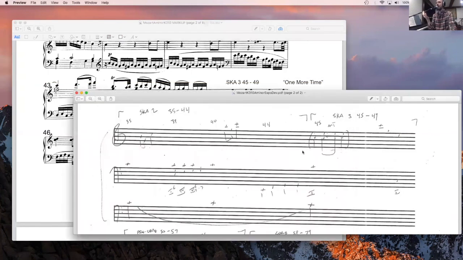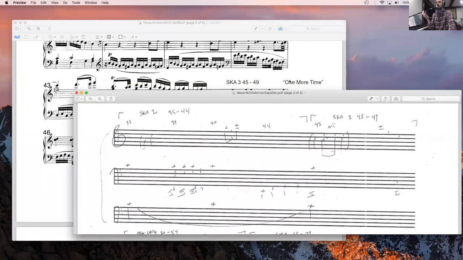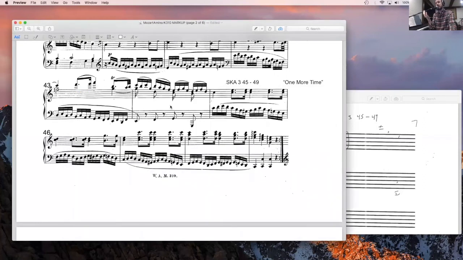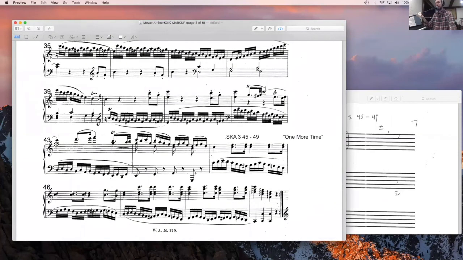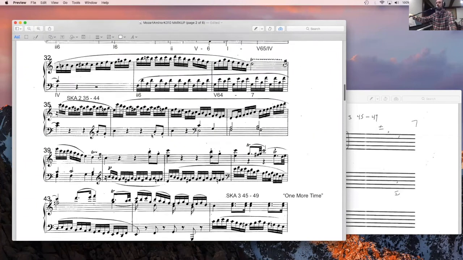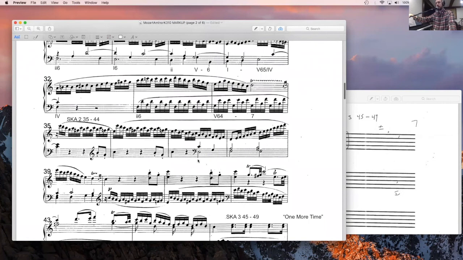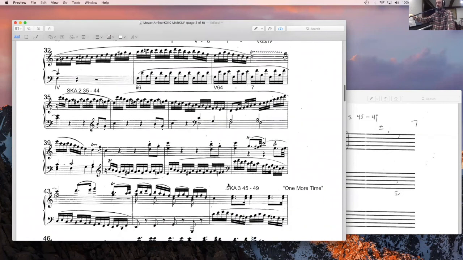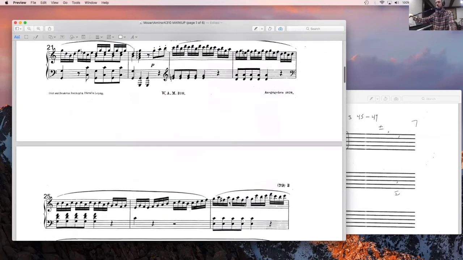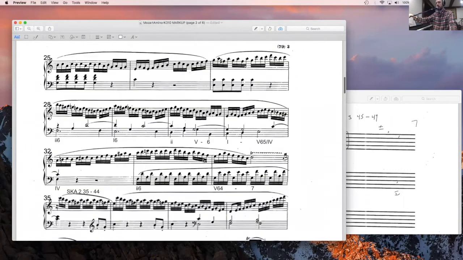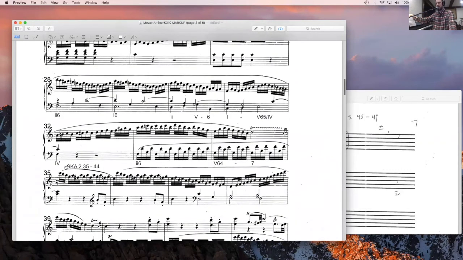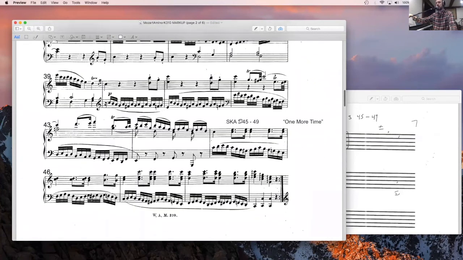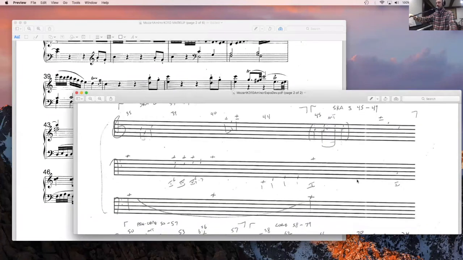So that's how, in the absence of super clear motivic differences or super distinct melodies, we can combine subtle melodic changes with cadential material to map out a pretty clear three-ska setup, with the first being 23 to 34, separated by a cadence from ska 2, 35 to 44, with ska 3 having a one more time, 45 to 49. Gives us a really nice structure.